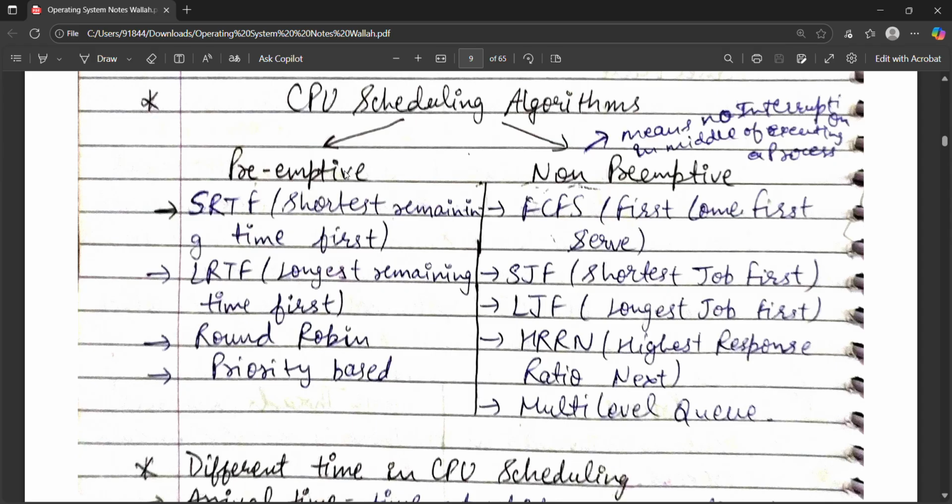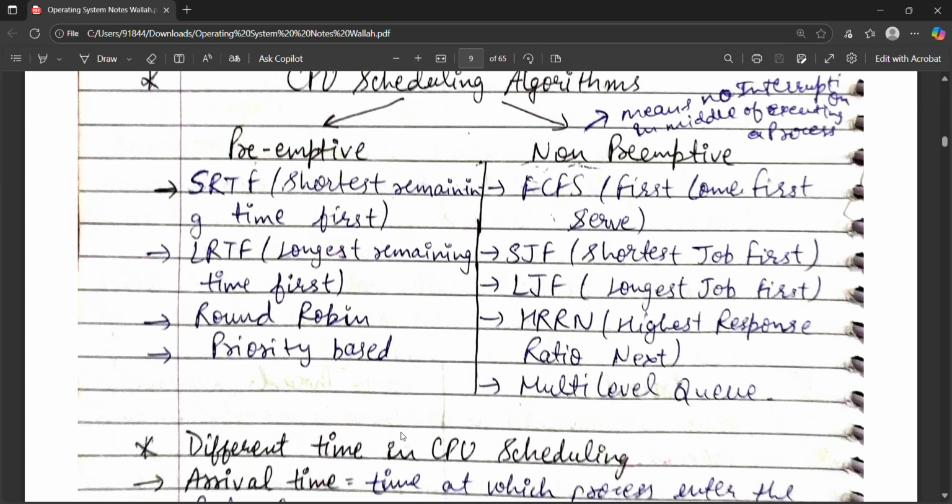If a higher priority process comes, we will allow it to execute in preemptive. In non-preemptive, we will not allow it, even if it has a higher priority than the currently executing process. So this is the basic difference between preemptive and non-preemptive, and we'll see these algorithms in detail.